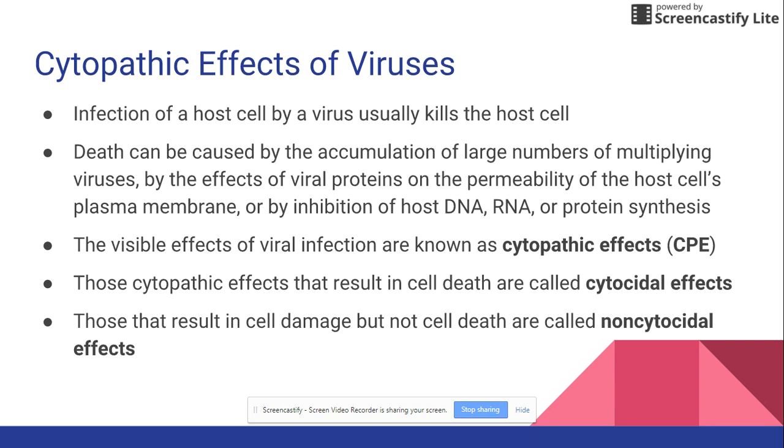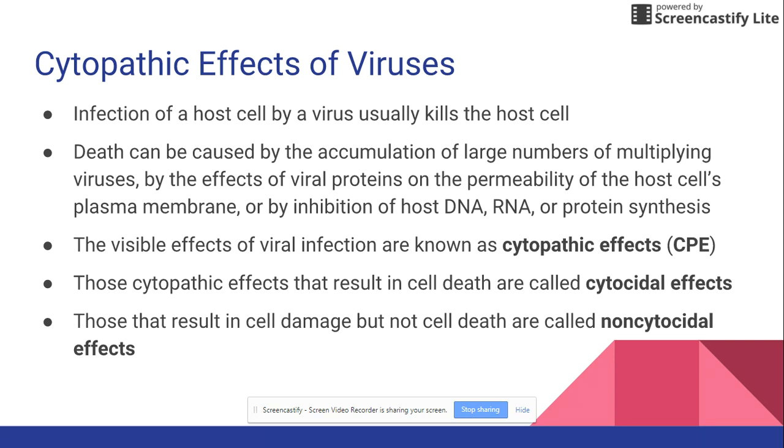So the accumulation is going to affect it in different ways. It can affect the permeability of the host cell. So now the host cell is going to be allowing things in and out that it normally wouldn't have. That's going to make the host cell susceptible. It can also inhibit the host cell from doing its normal cellular mechanics.